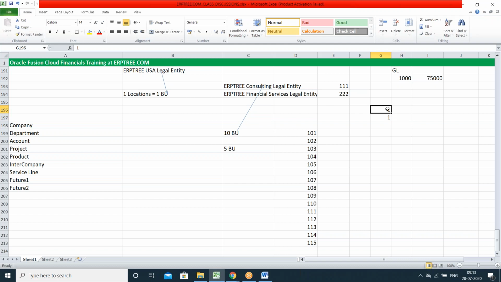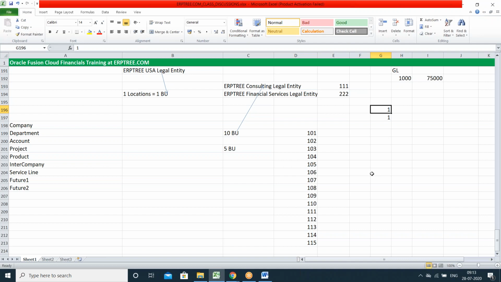So this will be 1 business unit, and this will be 1 business unit. Here, 2 business units, 2 legal entities. Now you can create the segment as a legal entity because your legal entity is equal to the business unit. Separately, you don't need to create a business unit or company in the chart of accounts. Simply give the legal entity. If you record the transaction with the first legal entity, that is equal to this one. That's how you can do the mapping.